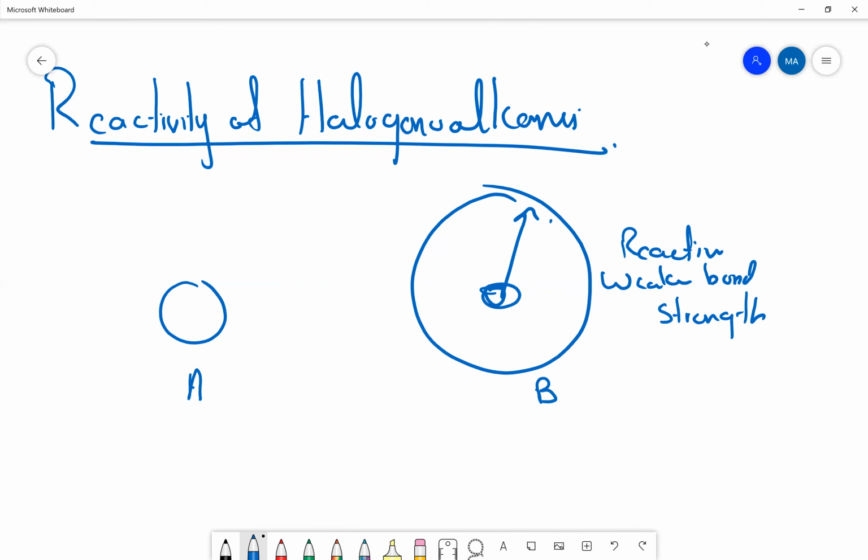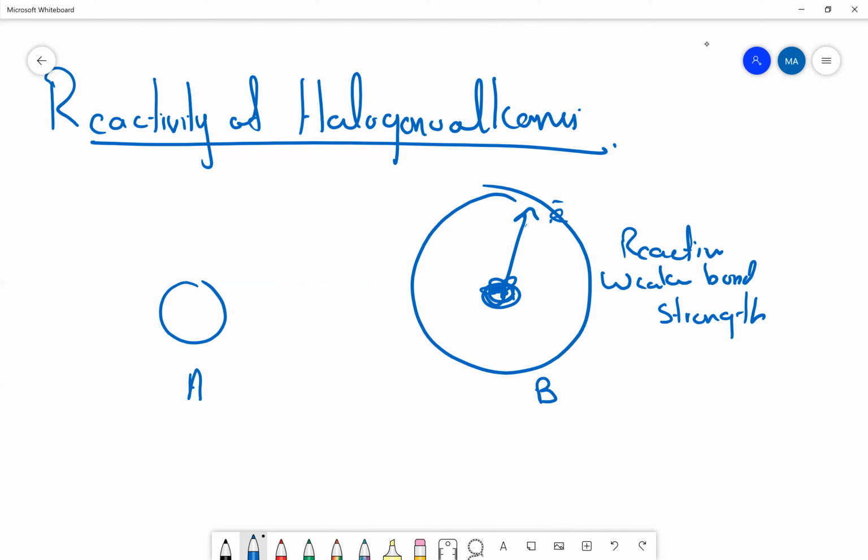Let's say this is the nucleus here, the electron in the valence shell is far apart from that nucleus. The attractive forces are weaker and it's easier for that electron to get displaced. This is why reactivity is when it's easier for an atom to lose its electron or easier for another one to gain the electron.